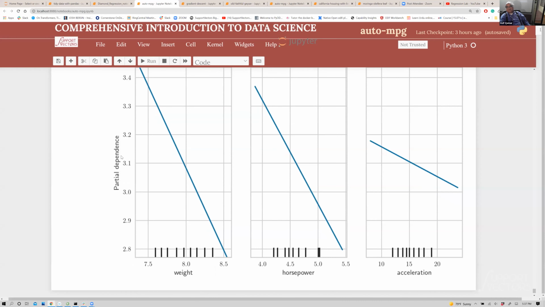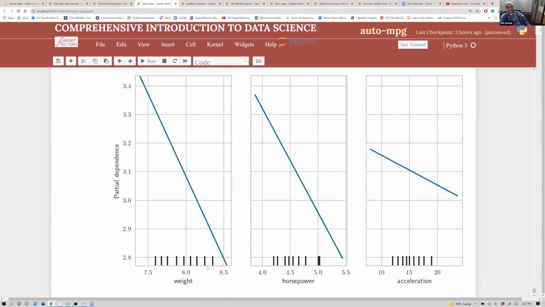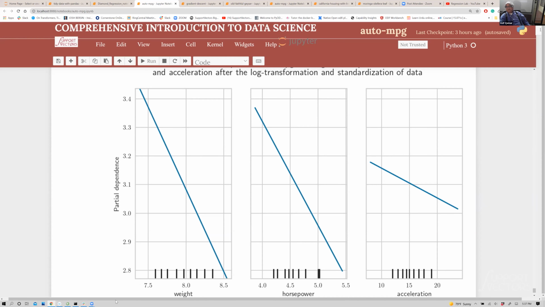How much does the miles per gallon depend on weight? When you look at it, quite a bit. By the way, it's not weight, it is log miles per gallon and log weight. Remember, that has a linear relationship. How much does the log miles per gallon depend on log horsepower? Quite a bit, but not as much. You notice that this is steeper than this, or a little bit steeper.